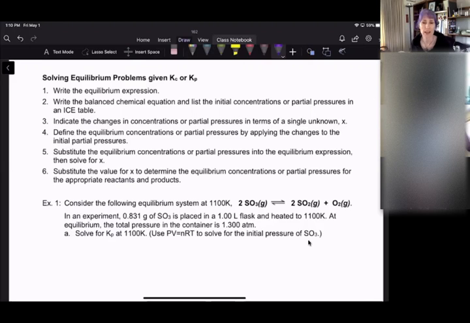Then we're going to find that X, calculate our concentrations at equilibrium, and plug them into the K expression. So this one's looking for Kp, and we have the hint to use the gas law to get our initial pressure of SO3, right? Because it starts with a mass. From there we can get the N, a V, and a T, and then we have that total pressure again.